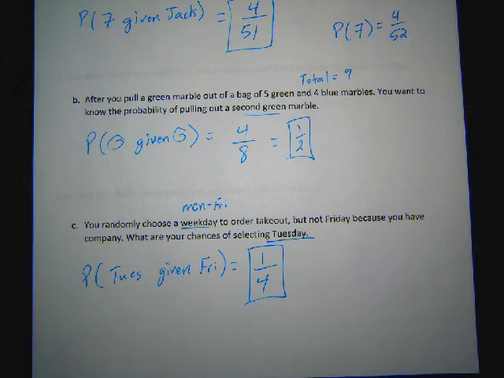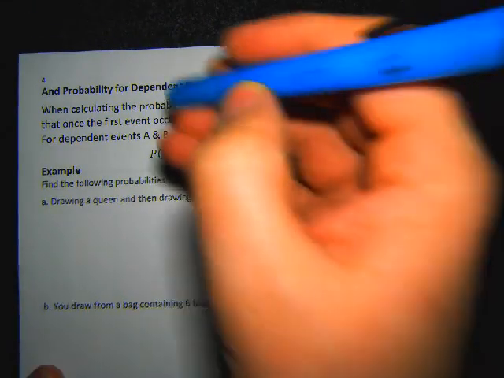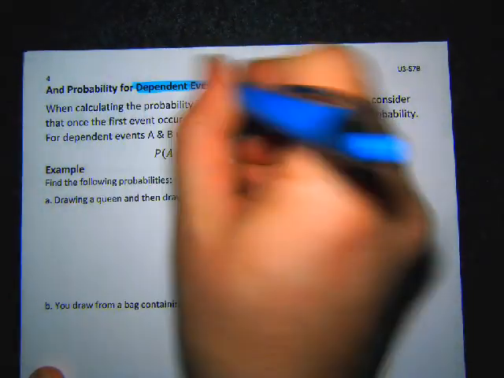With dependent probabilities, we're going to do 2 steps just like we did with independent. We're going to multiply just like with independent. But the difference is we have to worry about how that first step is going to change the probability for the second step. So the formula for dependent probability, where one depends on the other, is the same thing.